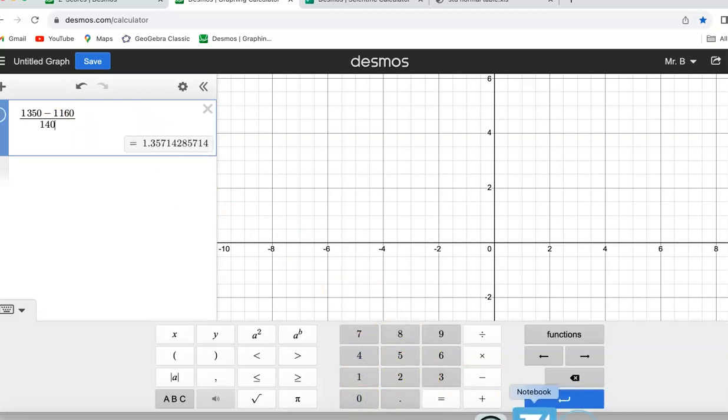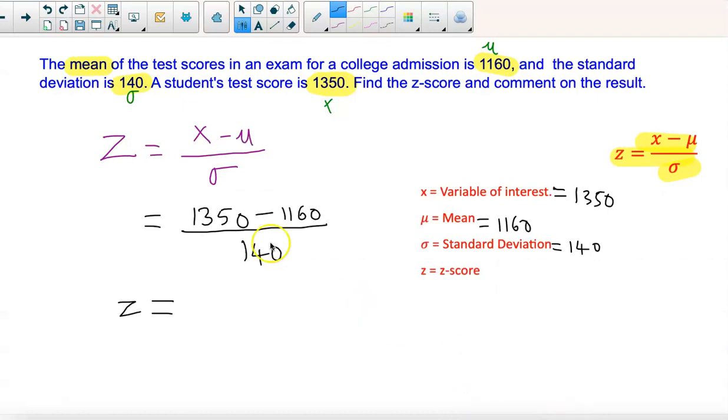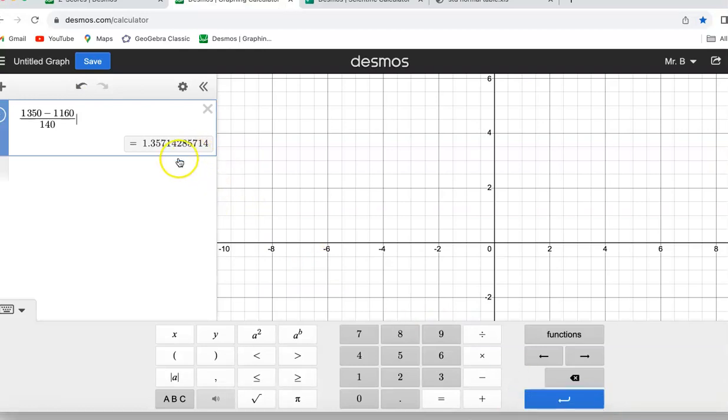Let me just double check. 1350, 1160, 140, giving us 1.3571 etc. Right, here we are just stopping at the z-score, so it's good to go to 4 decimals in fact, or 3 sometimes.